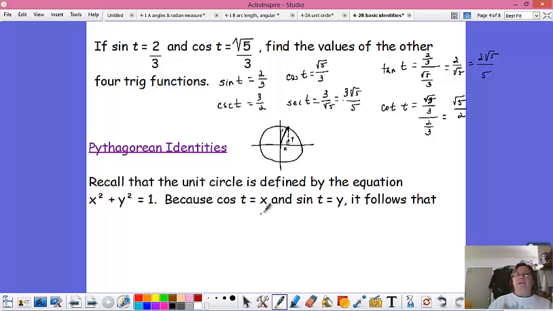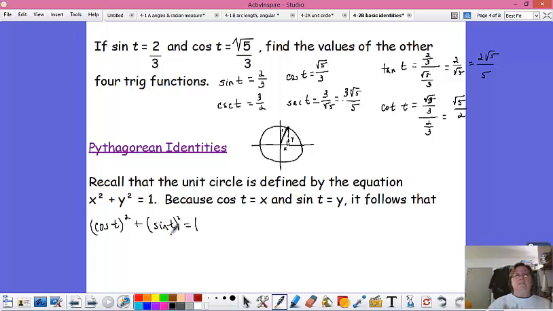Because the cosine of the angle is its x value and the sine is its y value, it follows that you should be able to substitute. X is the cosine of t, so the cosine of t raised to the second power plus the sine of t raised to the second power equals 1. That's just substituting what we know.